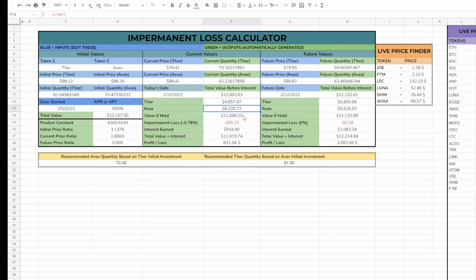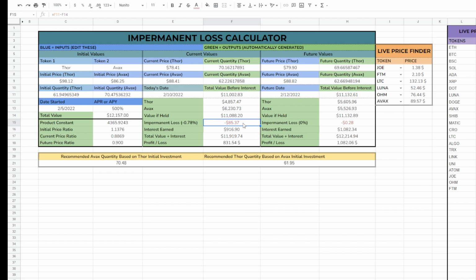Let's also look at what would happen if instead I had never got into the liquidity pool and I had just held on to the Thor and the AVAX. Well, I would be a few dollars up, and that's shown here. This is the impermanent loss that we are always talking about.